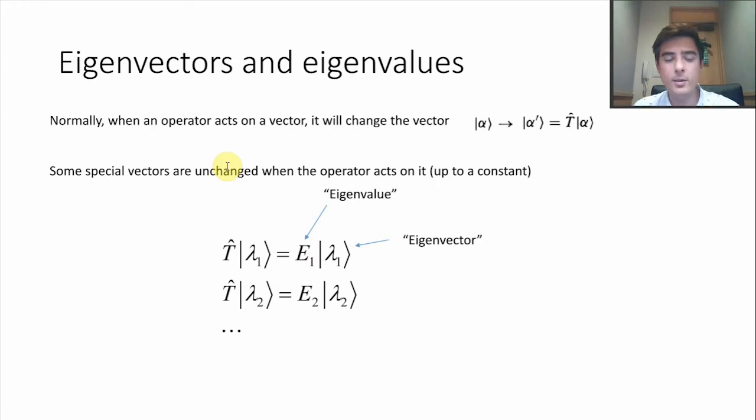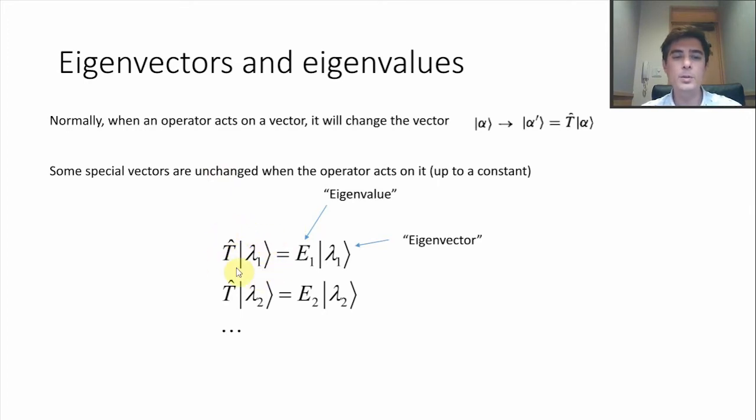We'll probably not go into a lot of detail in this course, but for example, if you are trying to find the energy levels of an atom, it turns out that you really need to find these eigenvalues and eigenvectors. But basically, I'm just introducing it to you now.